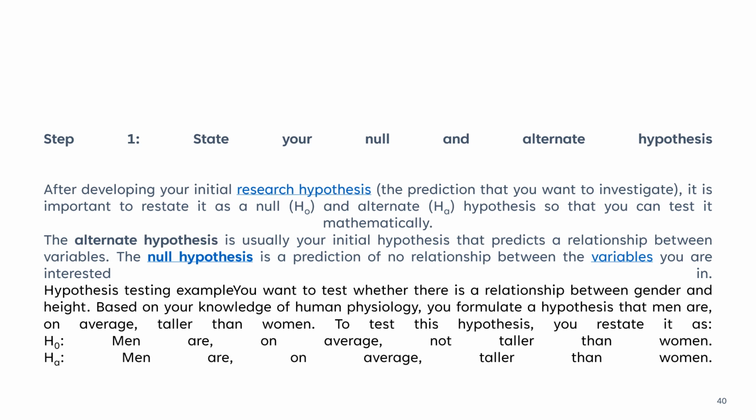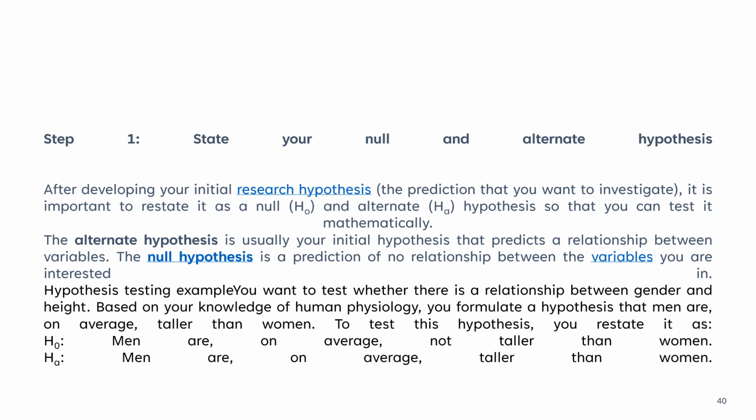After developing your initial research hypothesis, or the prediction that you want to investigate, it is important to restate it as a null hypothesis and an alternate hypothesis so that you can test it mathematically. The alternate hypothesis is usually your initial hypothesis that predicts a relationship between variables. The null hypothesis is the prediction of no relationship between the variables you are interested in.